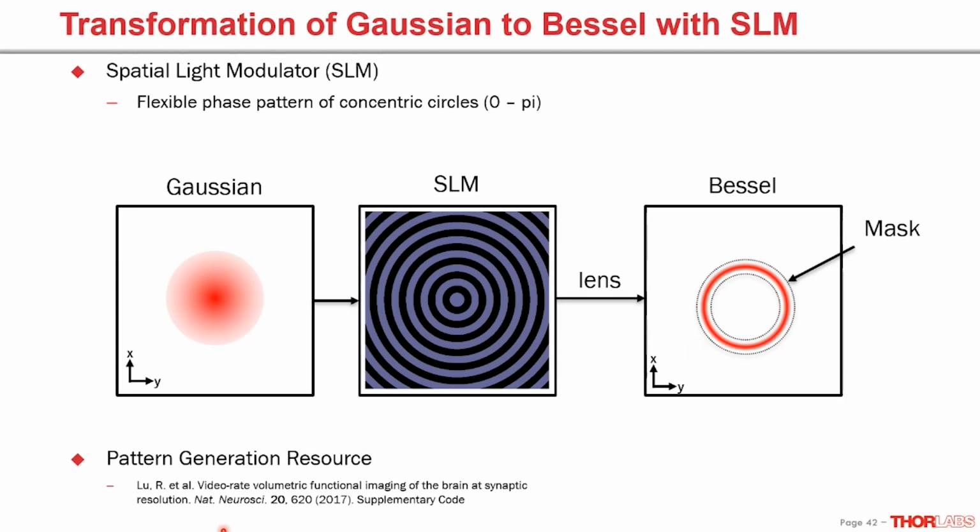I found this paper really helpful. It has great code that plays with all this parameter space of how you would design what you would want to put on your SLM, to help you further understand how to generate the Bessel beam that you need.